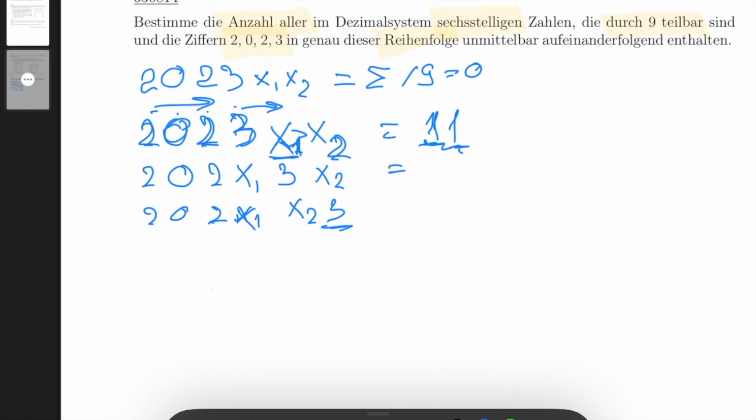Each one of them has 11 variations, except the case when we have 0, 2. Okay, so we can think about this later.